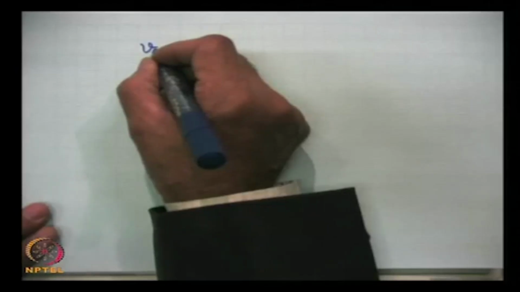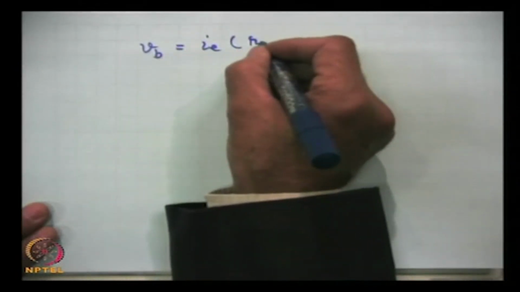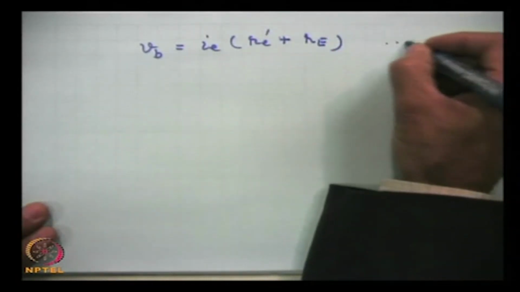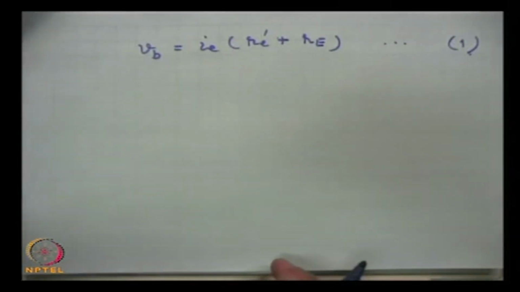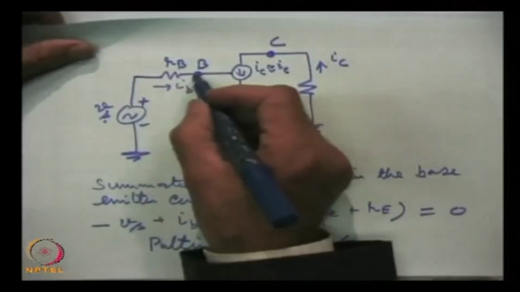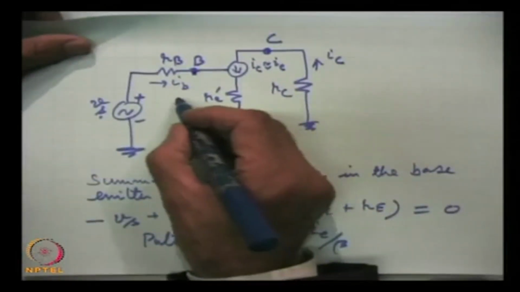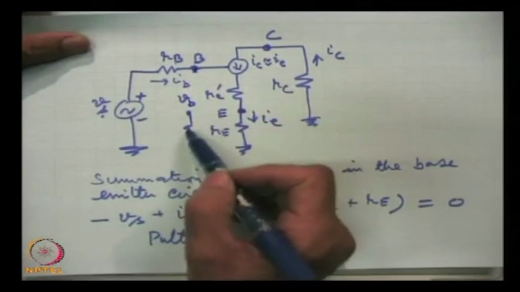So, these equations are Vb, which is Ie into Re prime plus Re. Let us call this equation 1. What is this Vb? The base terminal and ground. This is Vb between base and ground.